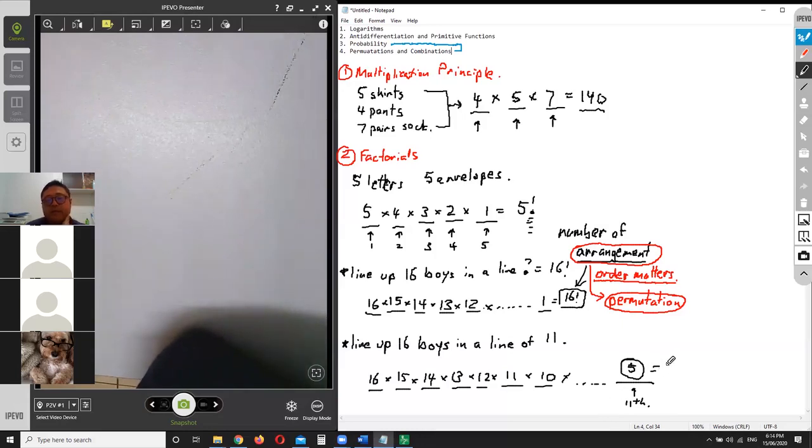Okay. How would you express that as a factorial? Have a think. Reef, do you know the answer? Would it be 16 factorial minus 5 factorial? Close. You're on the right track. Anyone else want to have a guess?